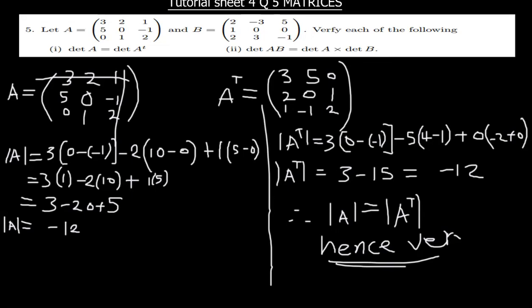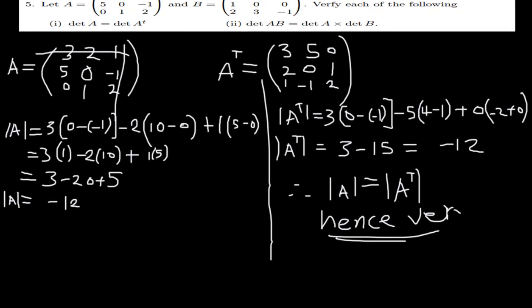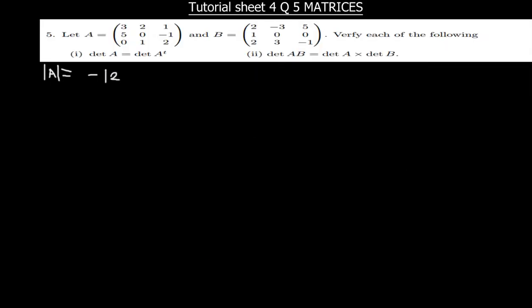Okay, let me just write here. Alright, so in the previous question we've already found the determinant of A. So let us now just multiply A and B and then find their determinant. So A times B is equal to, remember you multiply matrices row by column.